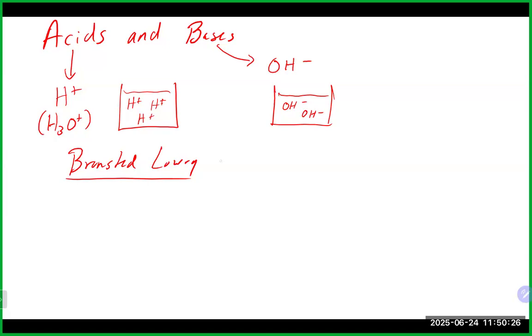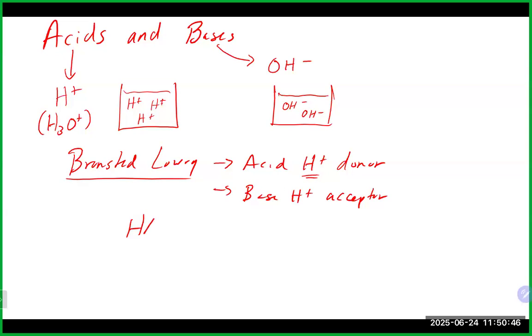In the Bronsted-Lowry definition, an acid is a proton donor. Again, an H plus is also sometimes referred to as a proton in acid-base chemistry. And a base is a proton acceptor. A result of that is if we have something like this, which is say an acid, and we react it with a base, again, we can use water in this case as a base.